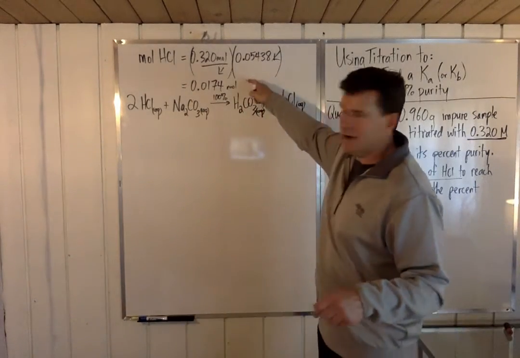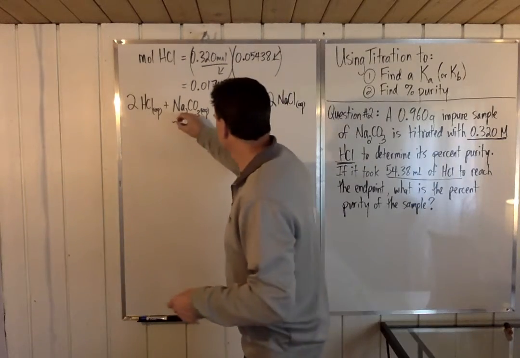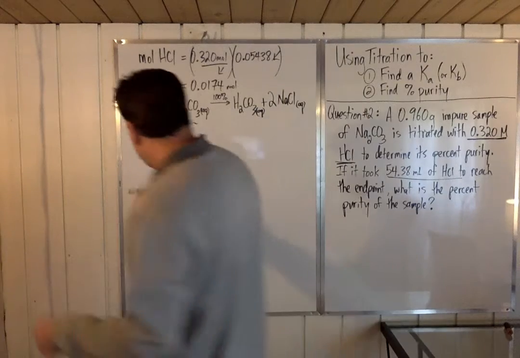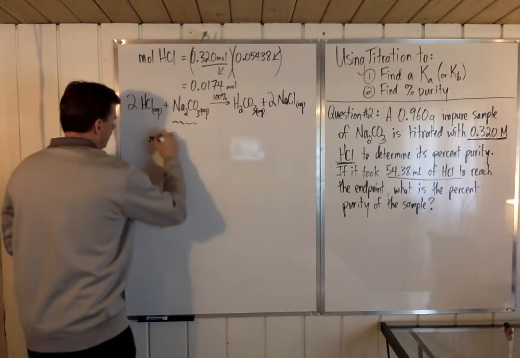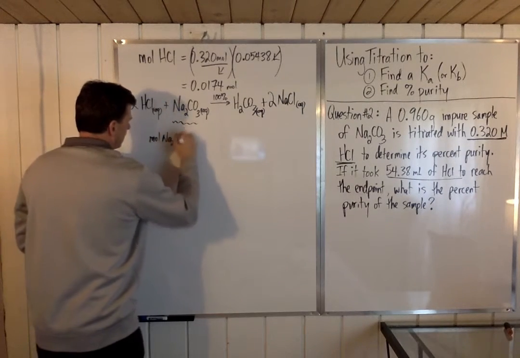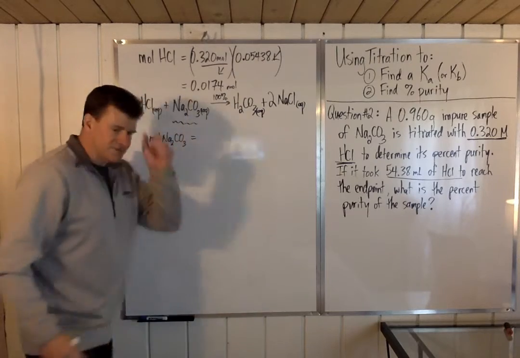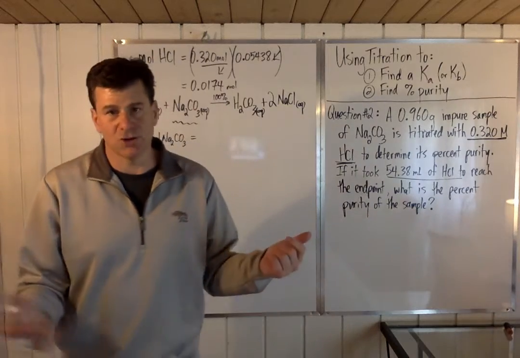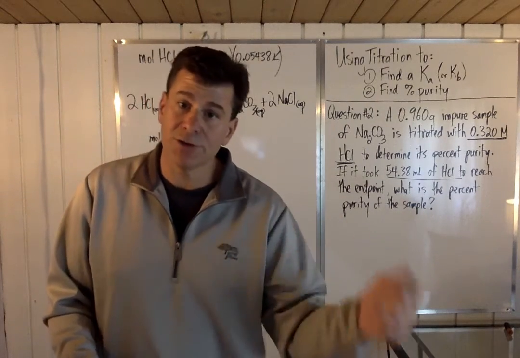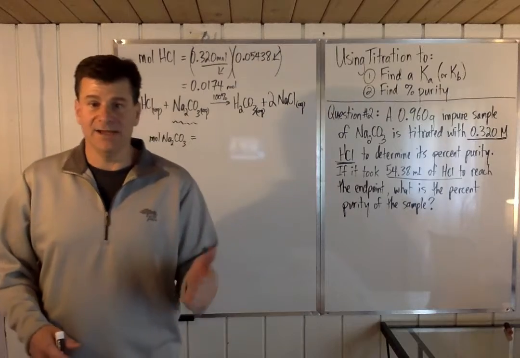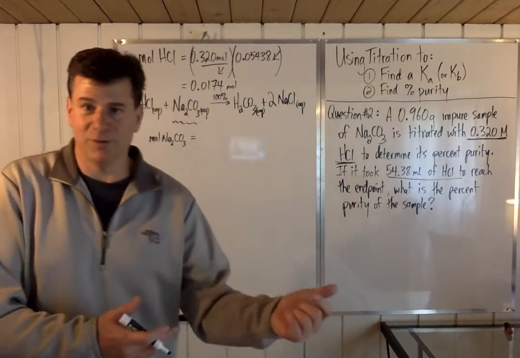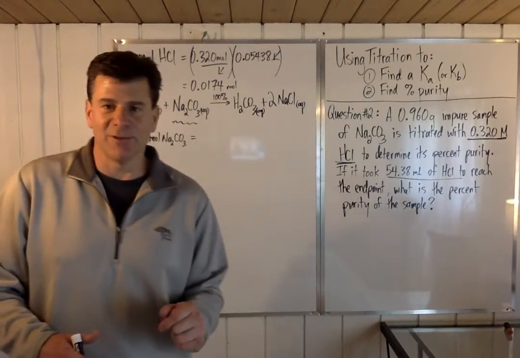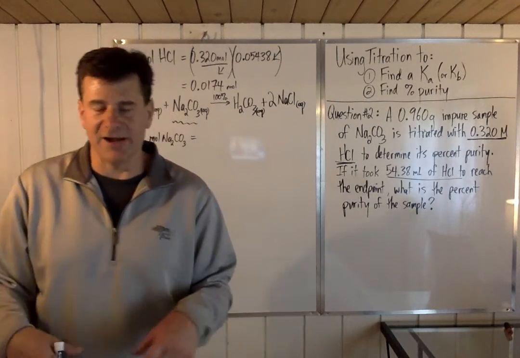So we know the moles of our HCl, and what we're looking for is the moles of the Na2CO3. So I need moles of Na2CO3 equals. So we got to use our stoichiometry, and it's not a 1-to-1 ratio here. So do I multiply by 2 or do I divide by 2? My little saying that I use, I begin with my Chem 11s, and then I teach it again in Chem 12 if I didn't teach some of those people. I try and get this little saying into their head.